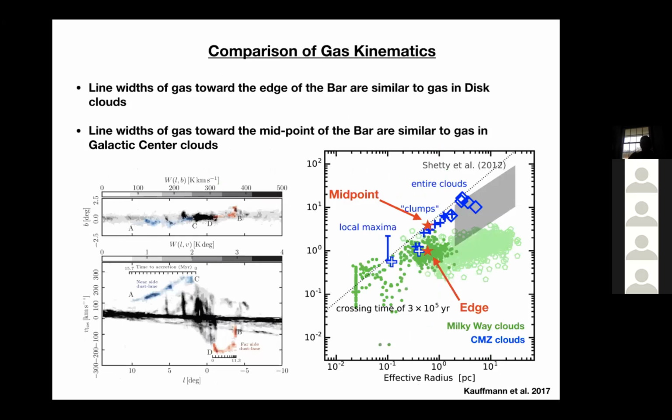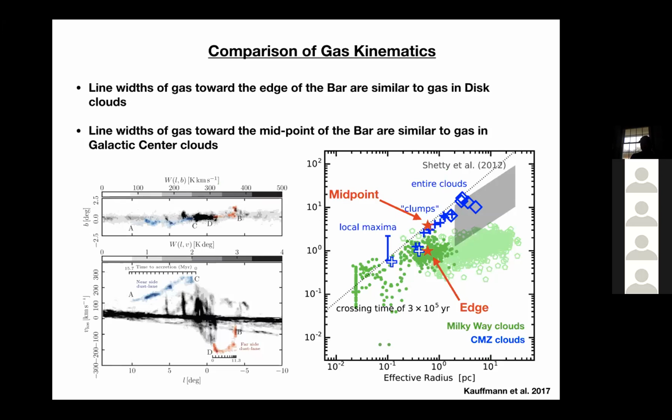Okay, so just to compare some of our initial analysis with what we observe in the galactic disk and what we observe in the galactic center. The spectra that we're observing in the edge of the bar are much similar to what we observe in the Milky Way disk clouds.